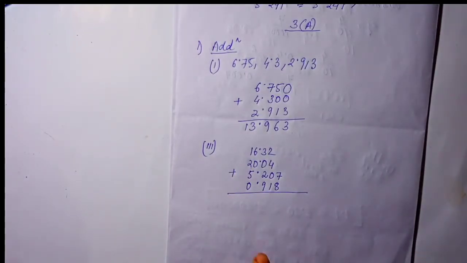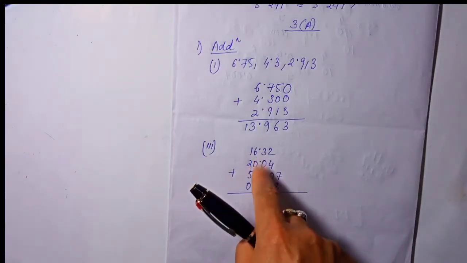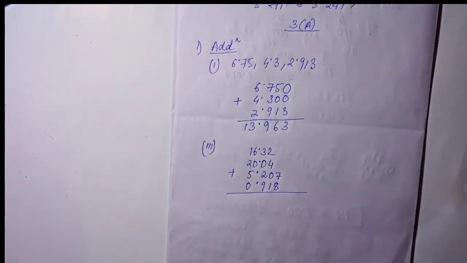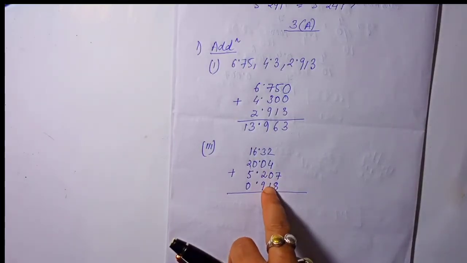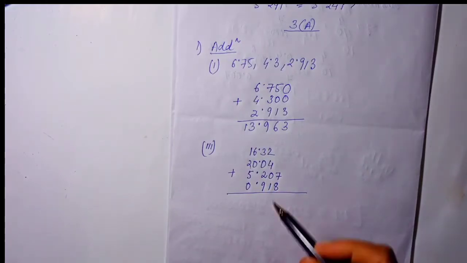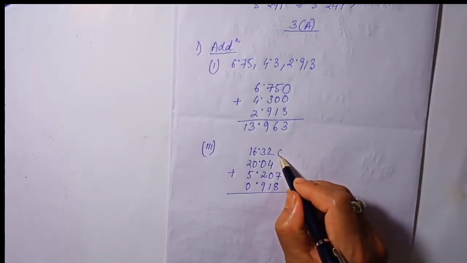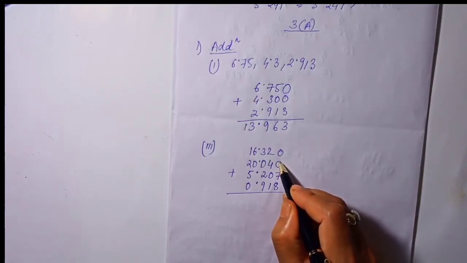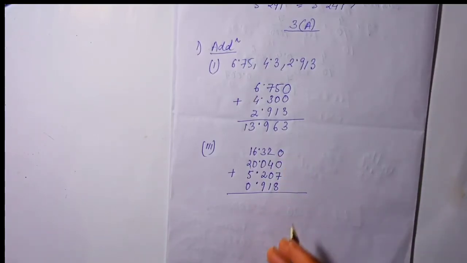Now see, these are unlike decimal numbers. Our first work is to make them like decimal numbers. Since maximum, 2 of them have 3 decimal places and the above 2 have 2 decimal places, so we have to make them like decimals by putting zeros. Now you simply add it.